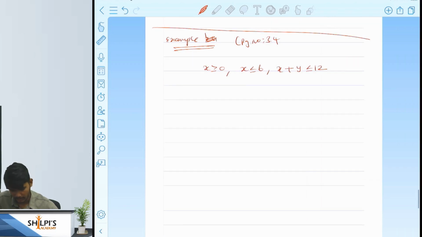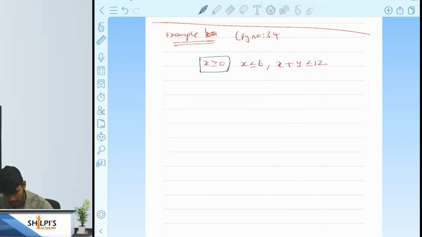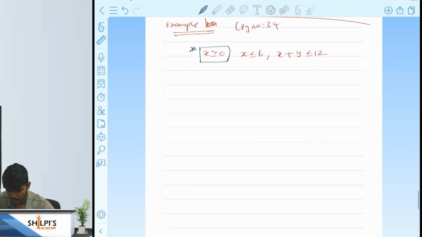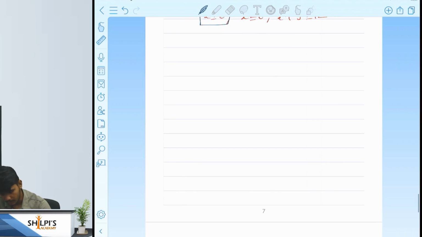So first, this we have already done. Now I am going to do x less than or equal to 6. Our first step will be: whatever you have on the left hand side, take equal to and put it on the right hand side.